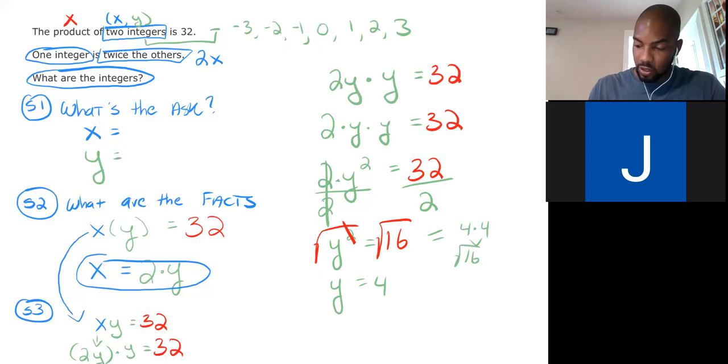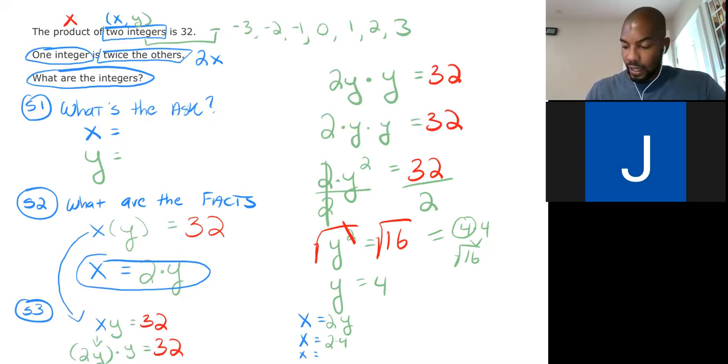So my y should equal 4. If that is true, when I plug y into x equals 2 times whatever y is, x should be 2 times 4, which is 8. So my x should be 8, and my y should be 4.